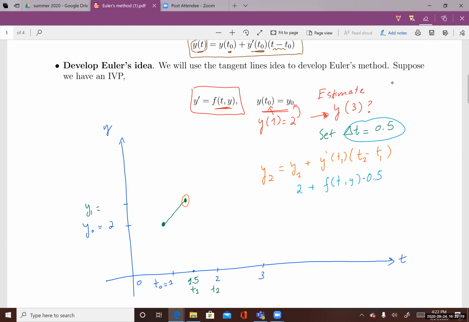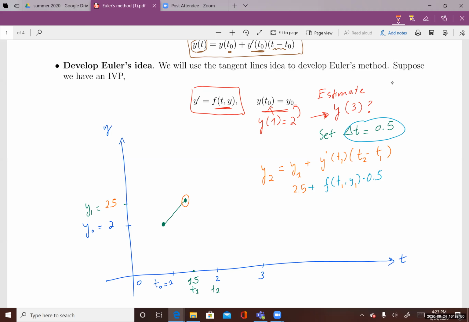It's not 2 anymore. It should be y1. And y1, let me assign, this is going to be 2.5. So this is 2.5 plus f of t1, y1, because again, you're using this point to estimate the next step. Multiply by 0.5. So 0.5 here will stay the same at every single step that we are making.